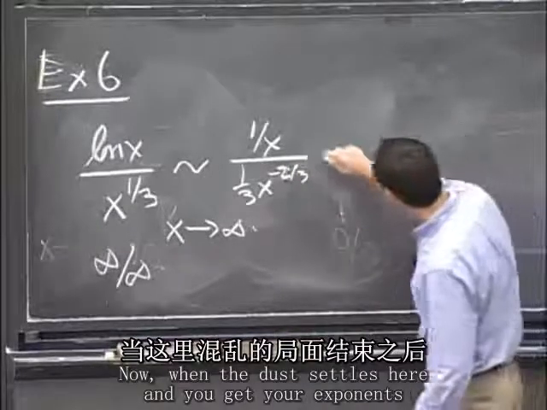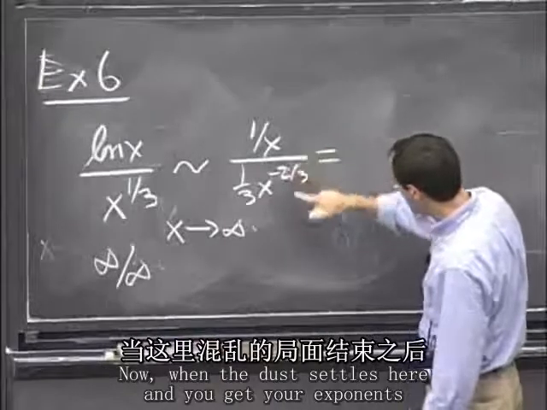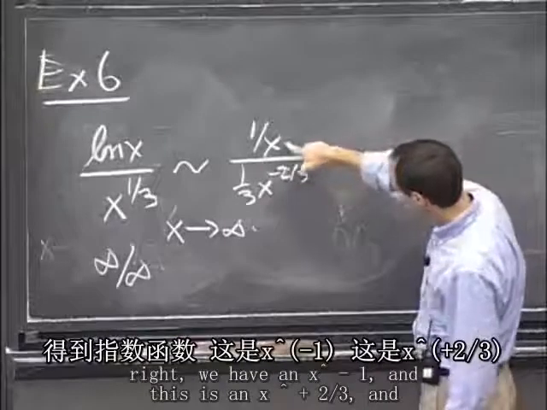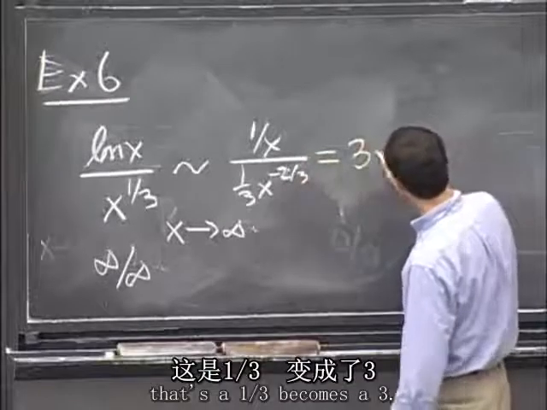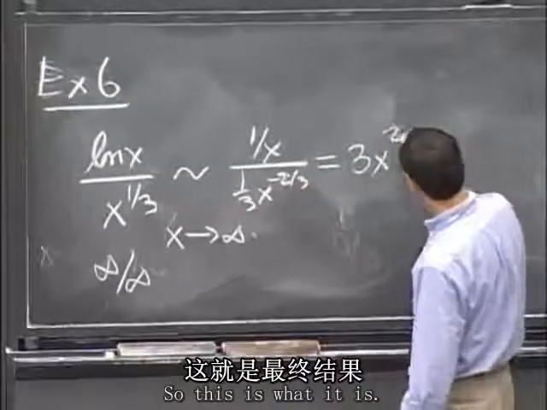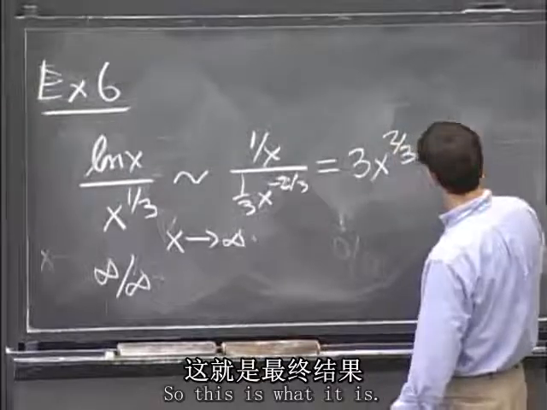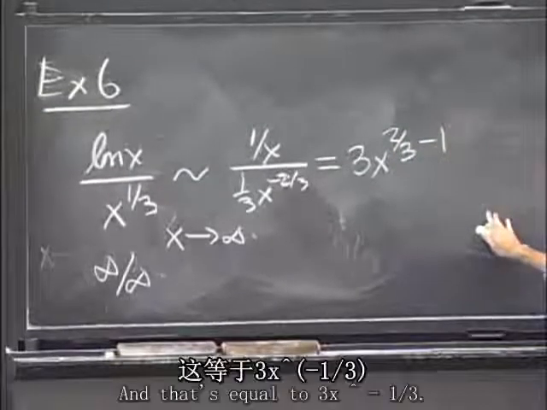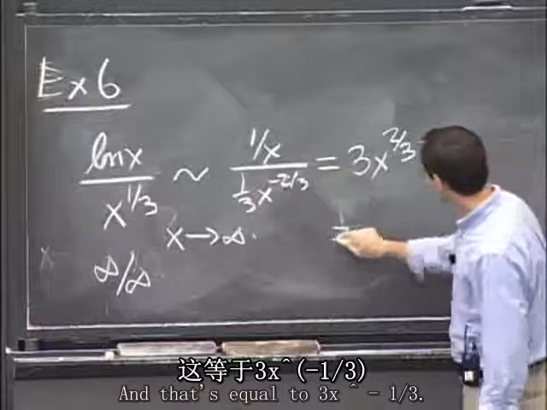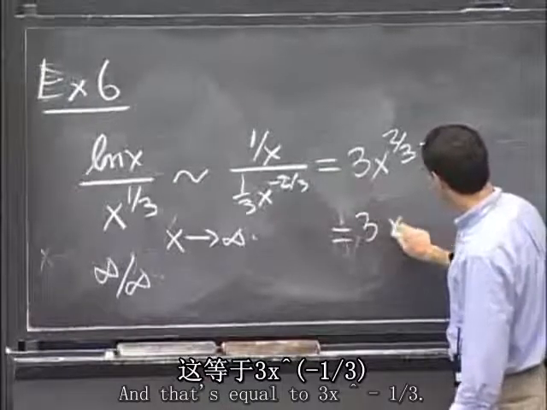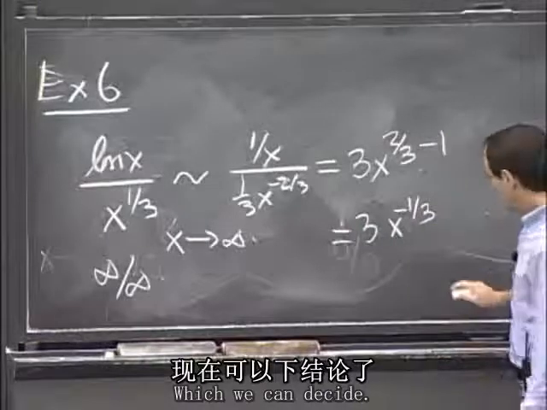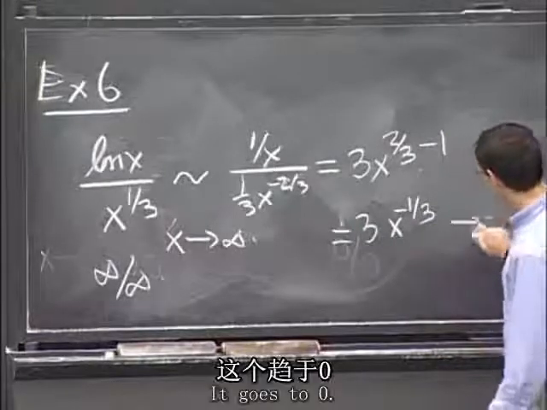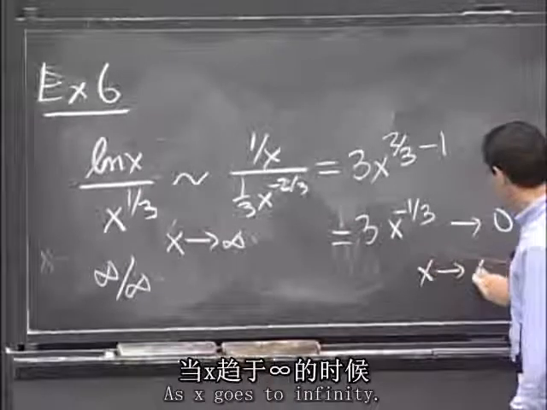Now, when the dust settles here and you get your exponents right, we have an x to the minus 1, and this is an x to the plus 2/3, and that 1/3 becomes a 3. So this is what it is, all right? And that's equal to 3 x to the minus 1/3, which we can decide goes to 0 as x goes to infinity.